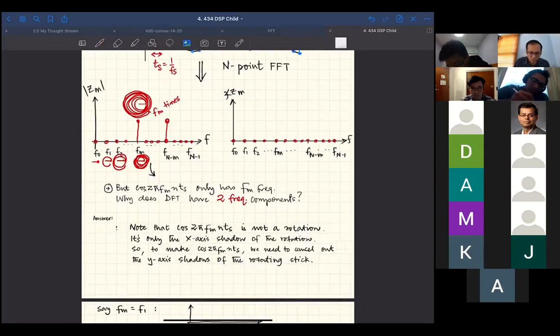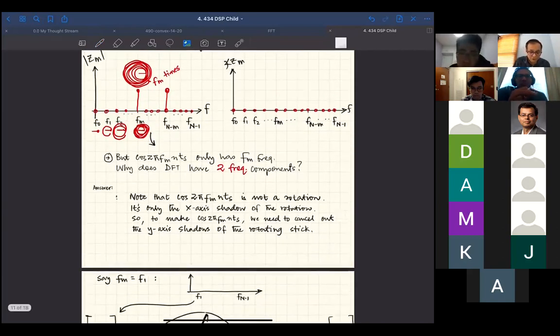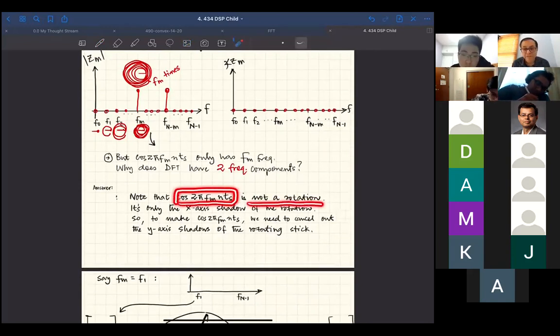So why does the DFT have two frequency components? The answer is, note that cos 2 pi Fm nTs is not a rotation. If your FFT answer was only this signal at Fm, that would have meant a rotation of Fm times. But your cos signal is not a rotation. Cos signal is only the x-axis shadow of that rotating stick. This is the difference.